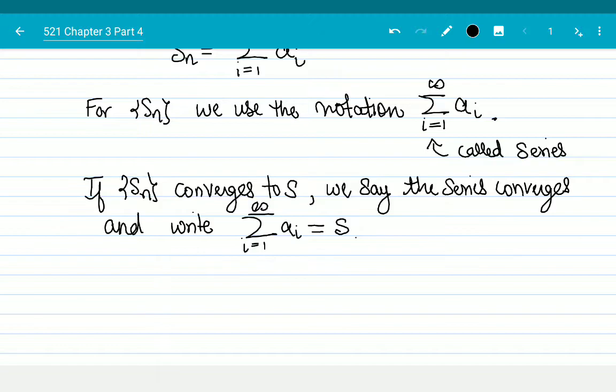Technically, infinite addition is really hard to define, but if this property holds true, that the sequence converges to S, then we say that the summation converges to S.